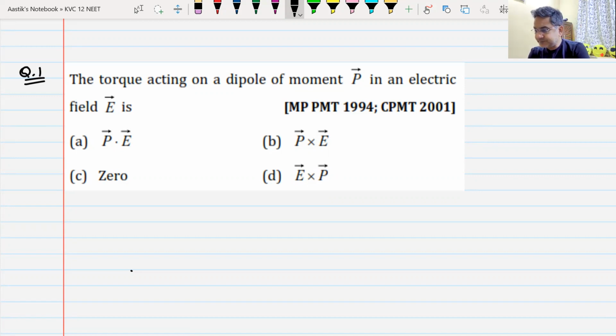Anyone with an answer? Torque on a dipole in an electric field, what is the formula?